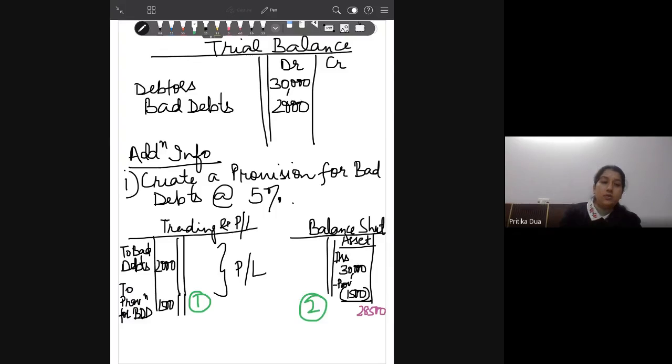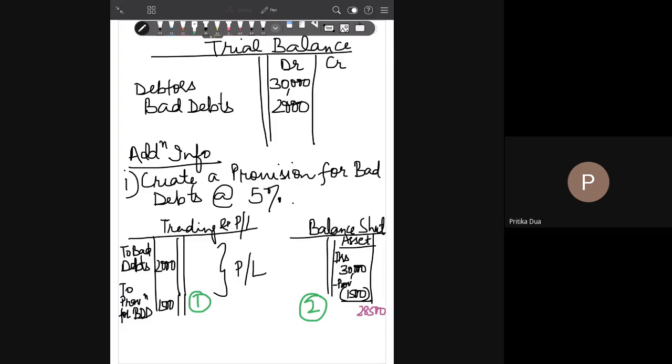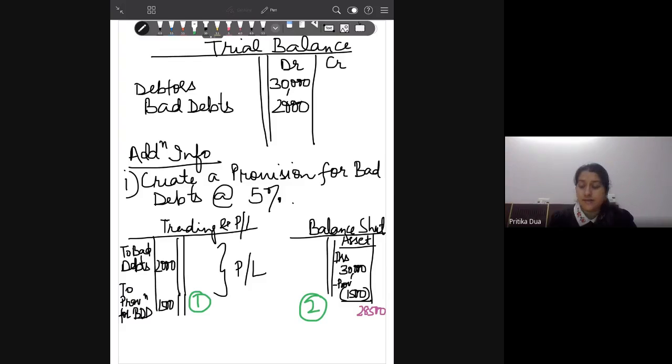If there's any doubt, please ask. Yes, is this clear? So this is one case of how you can be given the entry for provision.